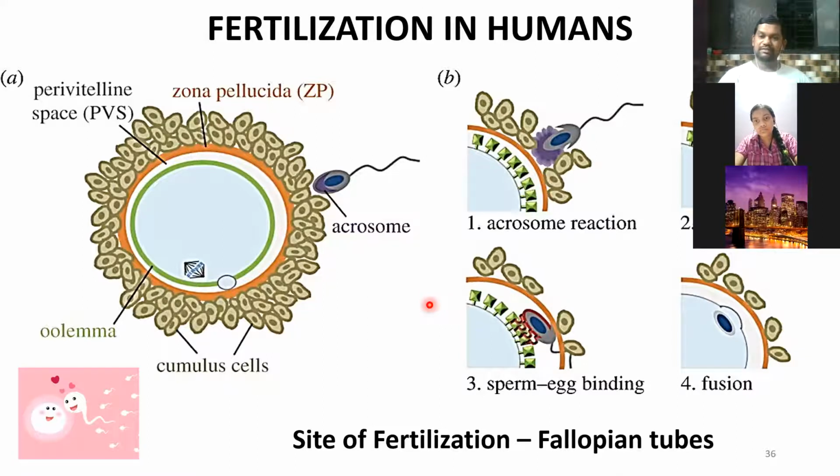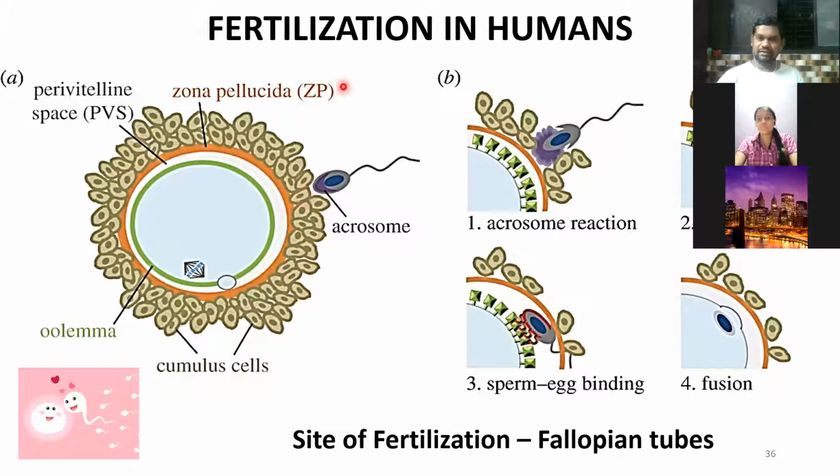The sperms will start swimming. We have seen the structure of the sperm. It has a long tail, and there is a middle piece of the sperm which contains the mitochondria. Because of the mitochondria, it produces the energy, and the tail with its lashing movement will start swimming.